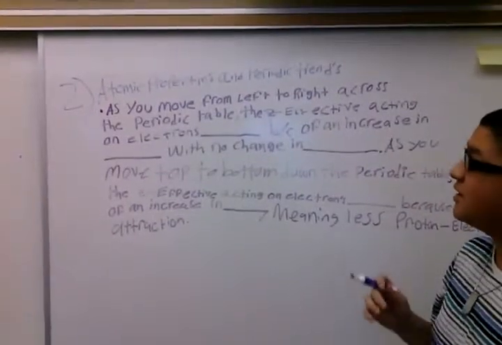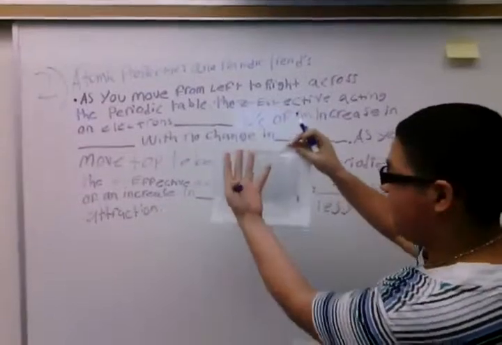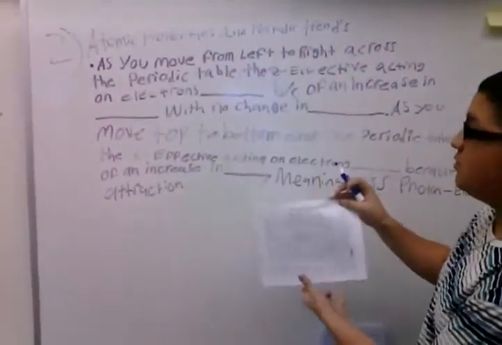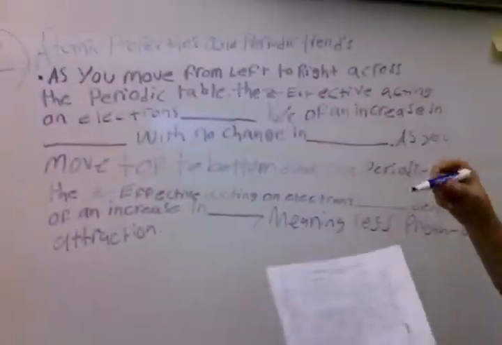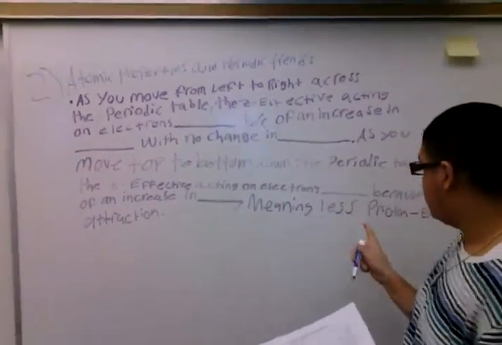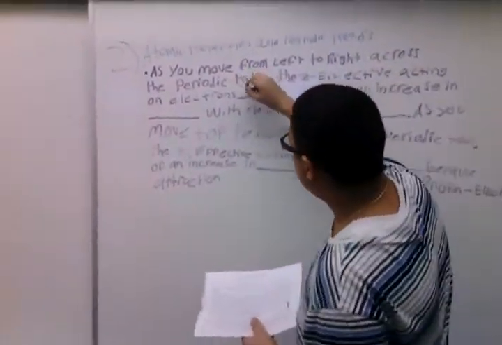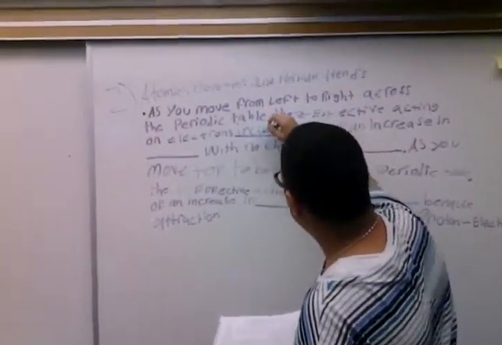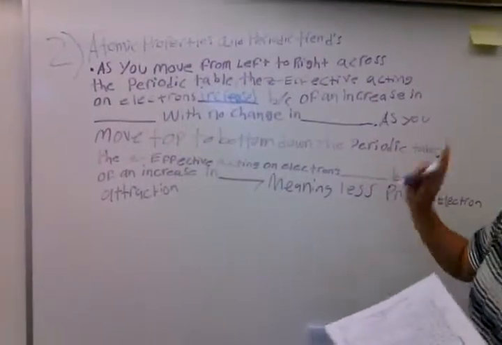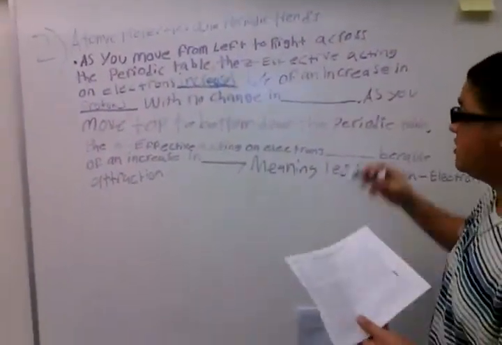Now we will look at the atomic properties and periodic trends. As you can see in this table, as you move from left to right across the periodic table, the Z effective, which is the proton to electron attraction on electrons, increases because of an increase in protons with no change in its valence shells.